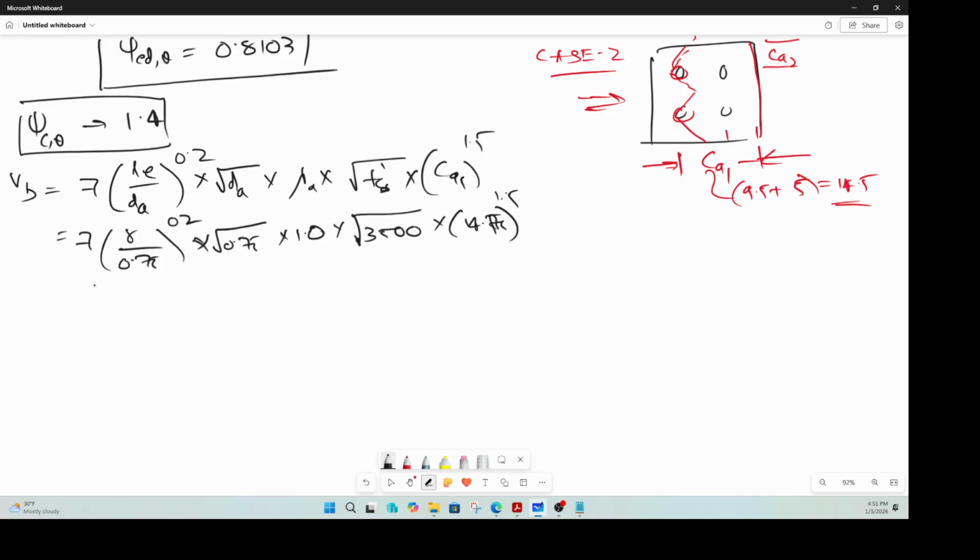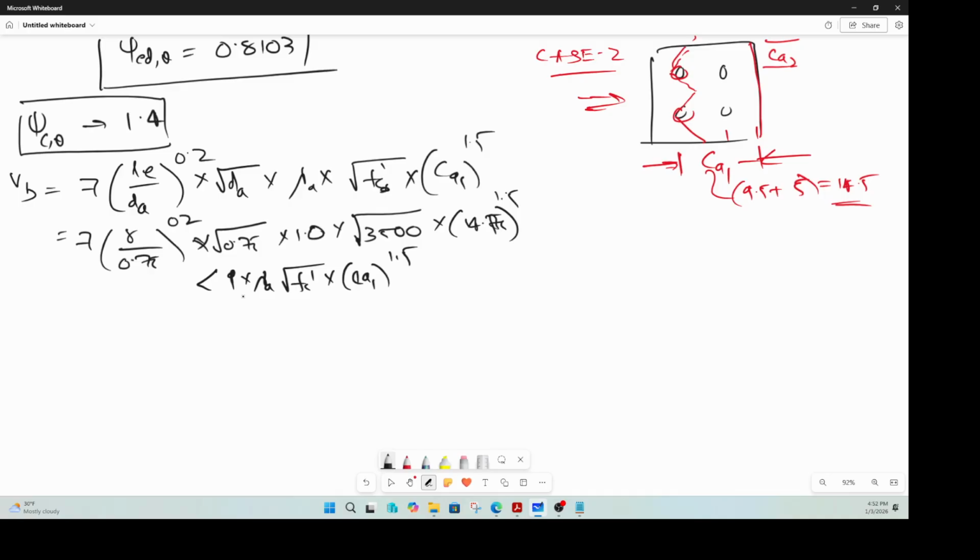So you compute that, but this whole thing has to be less than 9 times lambda_a times square root of f'c times ca1 to the power 1.5. In this case you can plug and check.